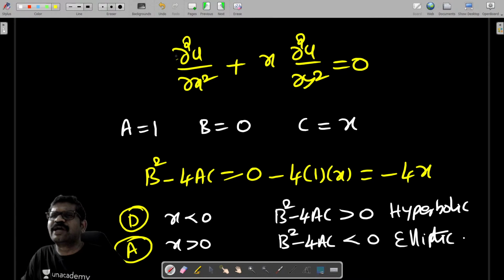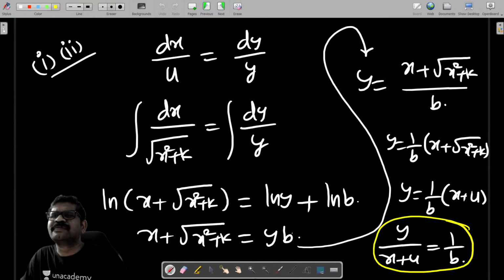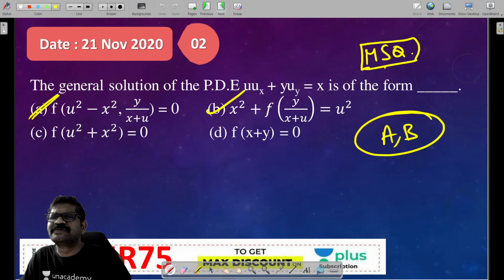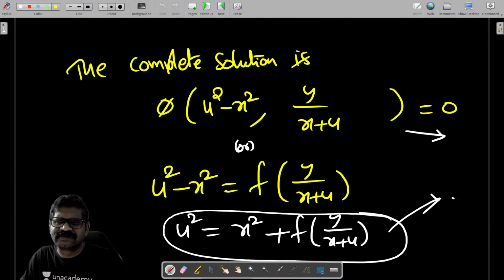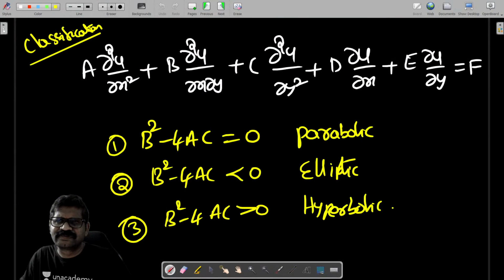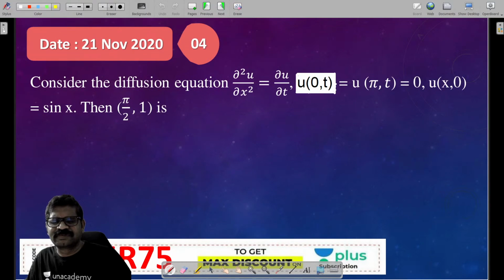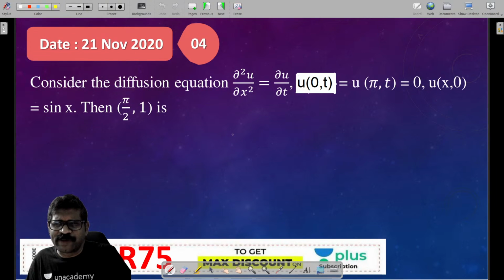In question number 2 now. This one, Lagrangian method. Now, consider the diffusion equation del square u by del x square equal to del u by del t.